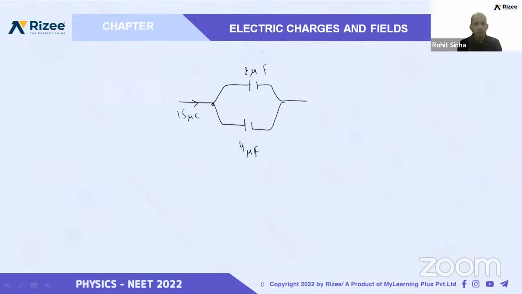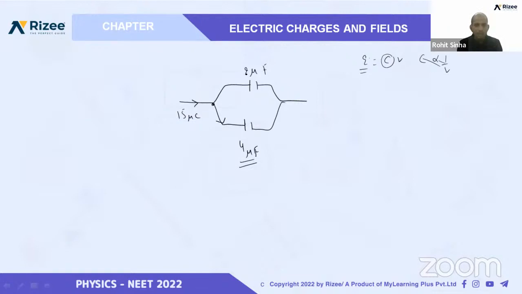We have learned earlier that Q is equal to CV, so capacitance depends on voltage and charge. You can see this one has more capacitance, which means the charge will be more.